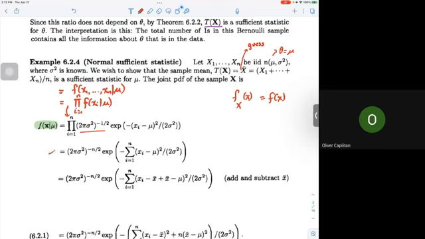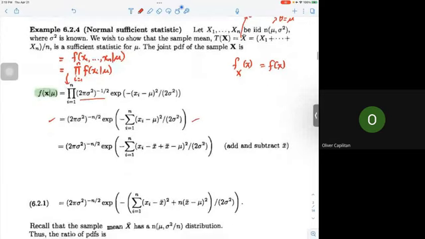And then, by using the law of exponents, e to the a times e to the b will just be equal to e to the a plus b. So we have here the exponential of the sum of this expression.